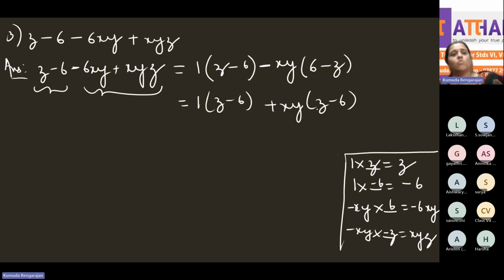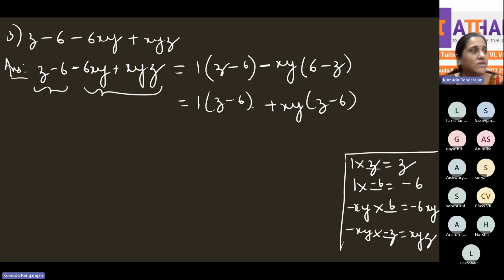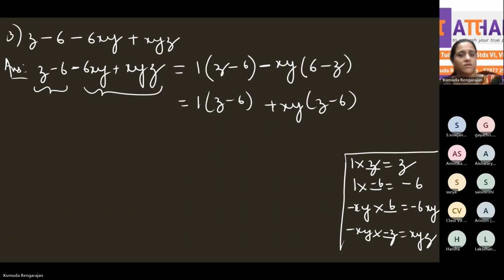Which means, if you want to write 6 minus z as z minus 6, do it and change the sign outside. If it's minus, make it plus. If it's plus, make it minus. When you take a minus outside, minus into minus becomes plus. It's like writing the opposite sign.